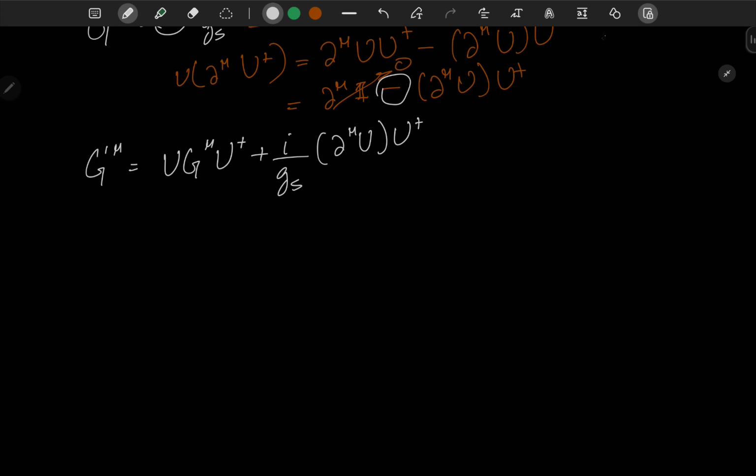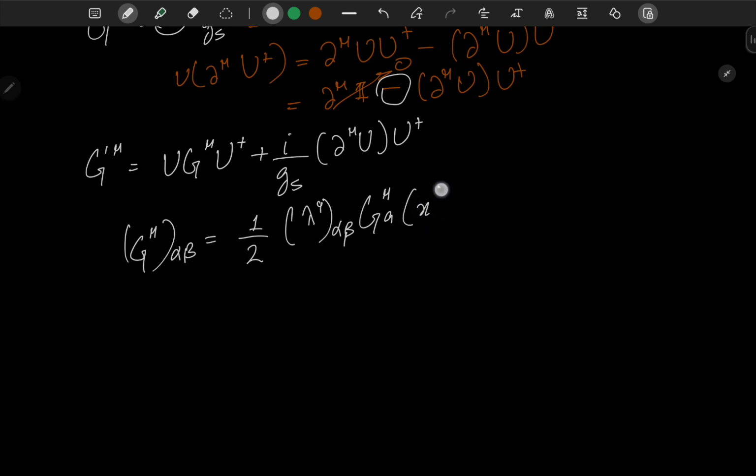Let's write it like that. G mu for alpha beta is equal to 1 upon 2 lambda A of alpha beta G mu A of x, since we are writing x because we are going for the local transformation.